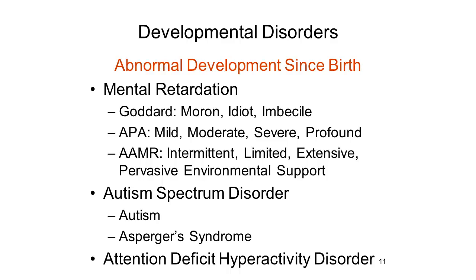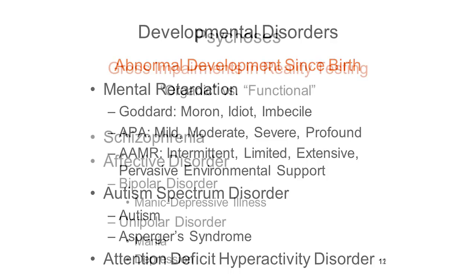Attention deficit hyperactivity disorder, or ADHD, a relatively new syndrome, is typically diagnosed in children. Originally, it was thought that children would outgrow ADHD with time, but in fact, many children with ADHD grow up to be adults with ADHD, and the syndrome is now diagnosed and treated in adults as well as children.